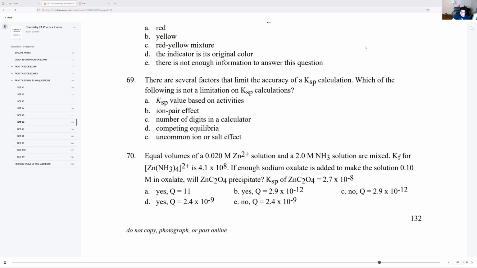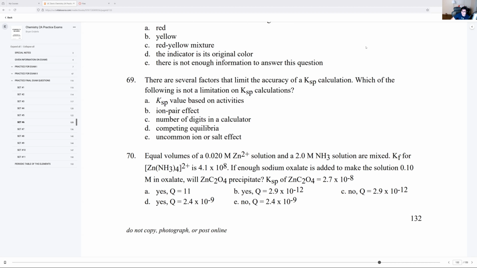So we have to figure out how much zinc and NH3 we have right now based off of this other equilibrium reaction, because I'm going to assume that you mix them, and then some of it gets converted into the complex ion. You're left with some amount of zinc and some amount of NH3.